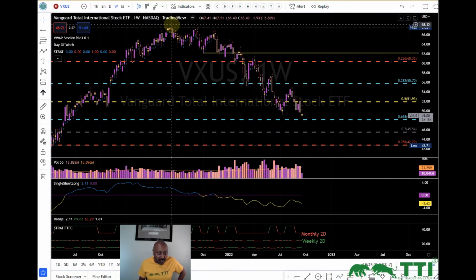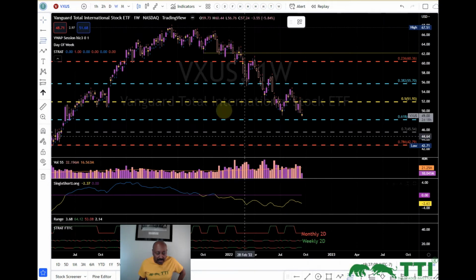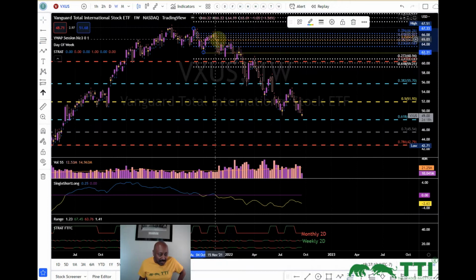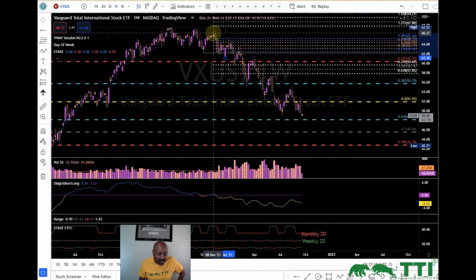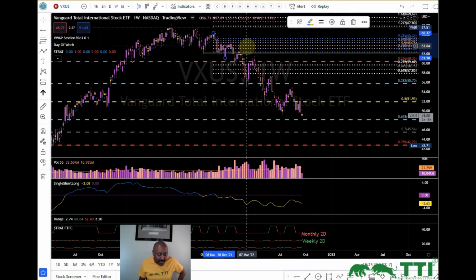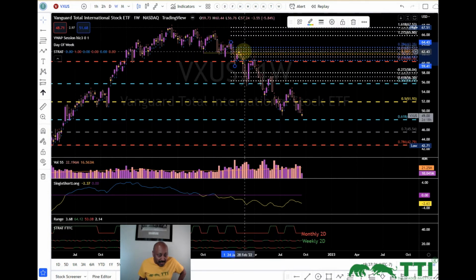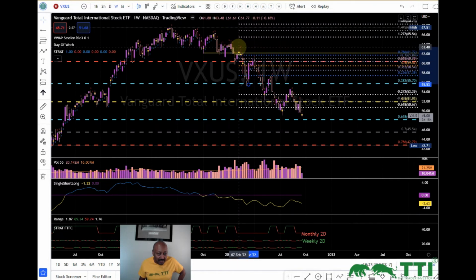It makes it easier if we just go from here to here. 38.2 is breached, so you go from here to here. 38.2 is breached, so you keep moving this when it's breached, when it's not, right?